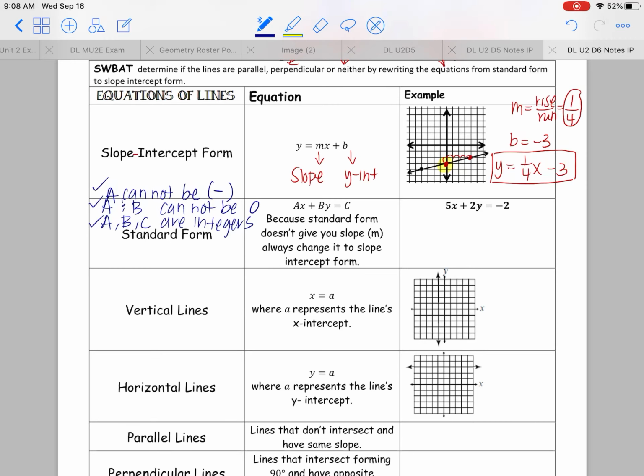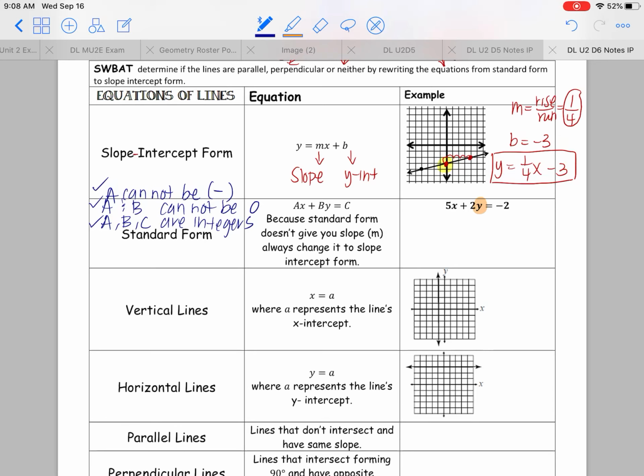Now, looking at this standard form, right? This equation that is given to us in standard form, 5x plus 2y equals -2. We need to change this from standard form to slope-intercept form. So we need to make sure that we solve for y. And there's 2 simple steps that you have to follow in order for you to solve for y.